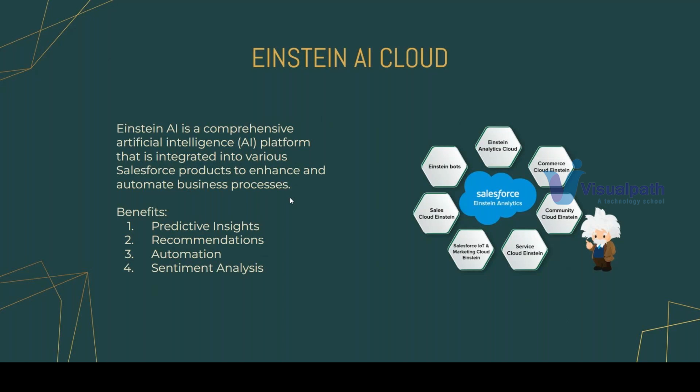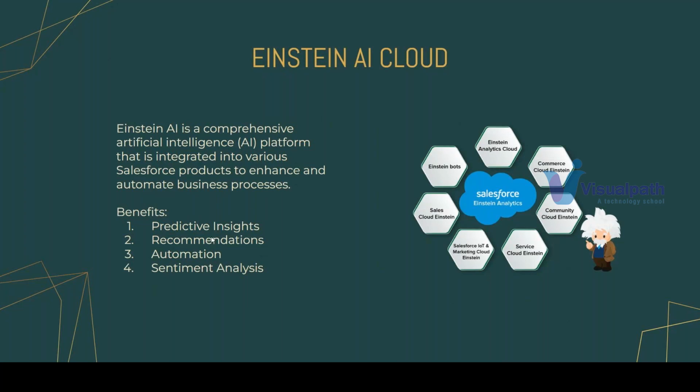Let's say you have certain data in your system. With that data you want to understand the probability of getting good business out of it for the next couple of years. You can do that kind of insight analysis using Einstein AI Cloud. As well, if you want to predict something in the future, what will happen to this segment of the product based on the current market analysis and the data, that also can be done, right?